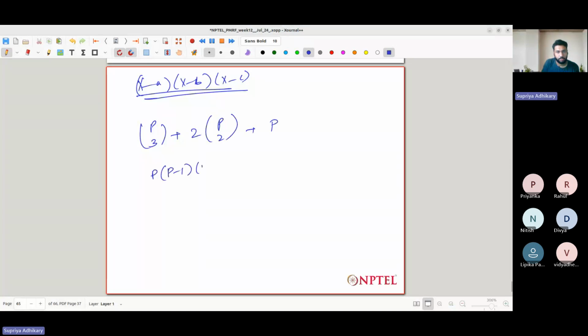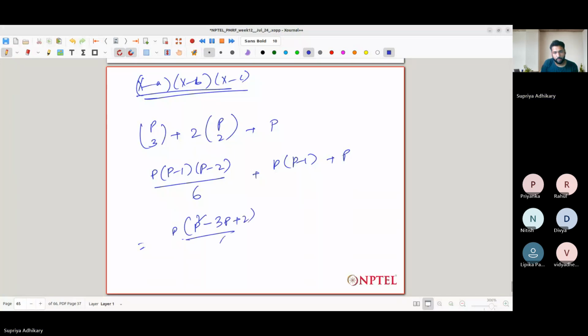So this should be P into P minus 1 into P minus 2 over 6, plus twice P into P minus 1 over 2, plus P. So this should be P cube minus 3P square plus 2P over 6 plus P square, and this equals P cube minus 3P square plus 2P plus 6P square over 6.